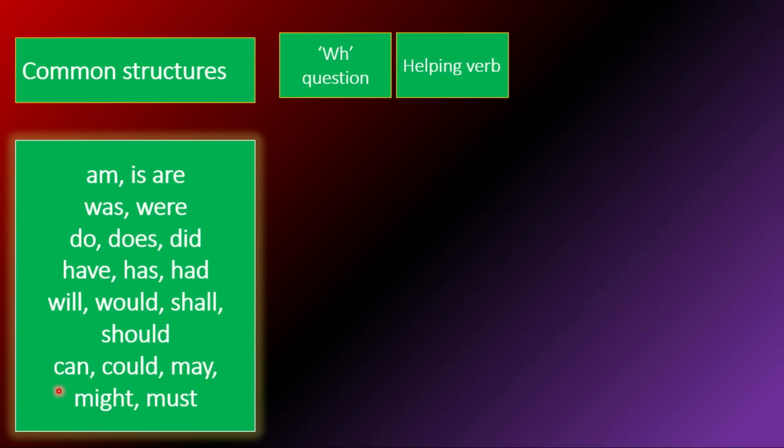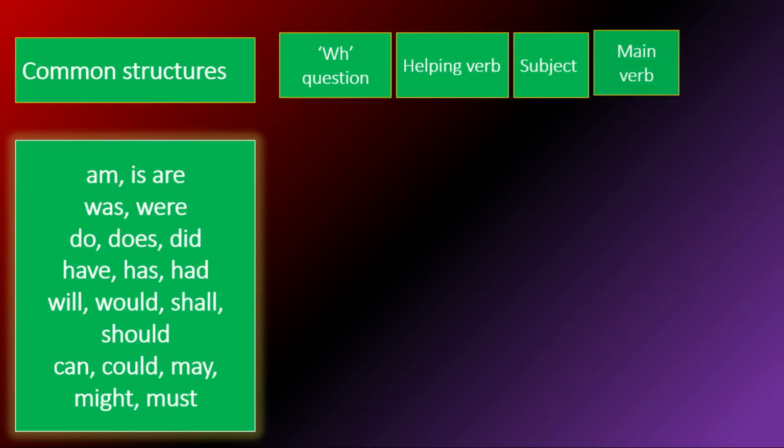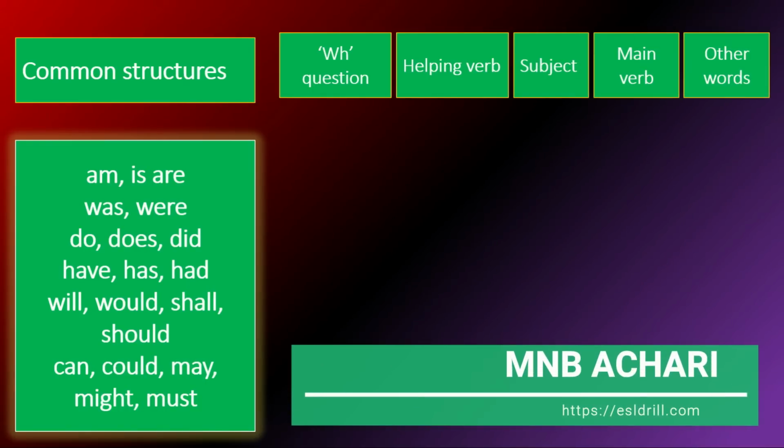Again, you have the list here. I have listed all the commonly used helping verbs. So you have to use one of these helping verbs and then you have to use the subject and the main verb. Of course, if you have any other words, you can write them there at the end. And you have to put a question mark.